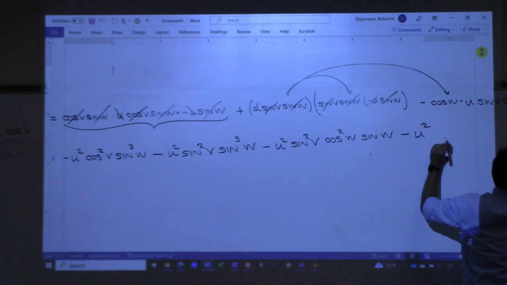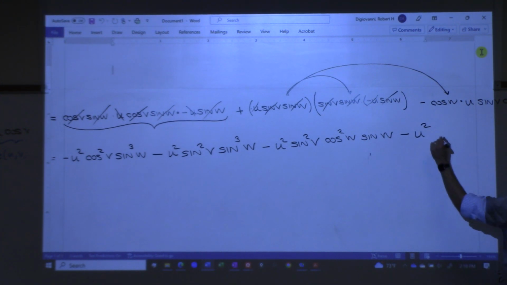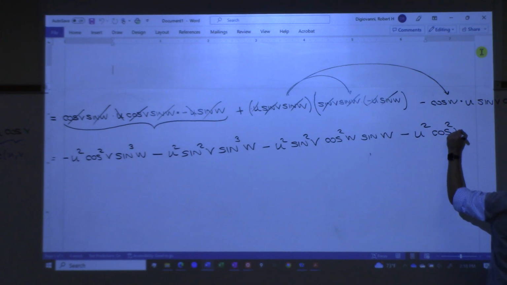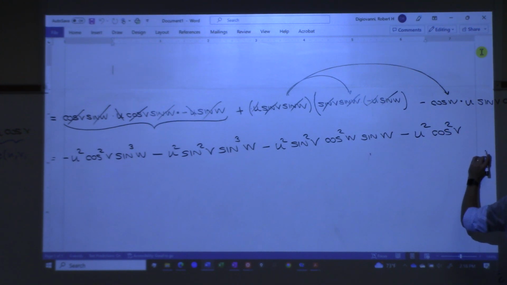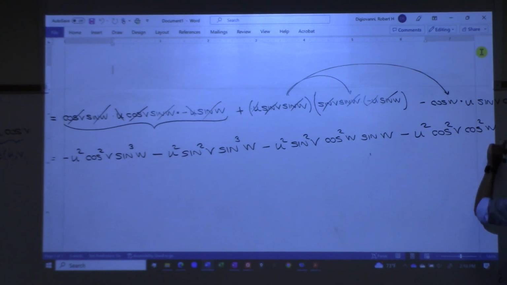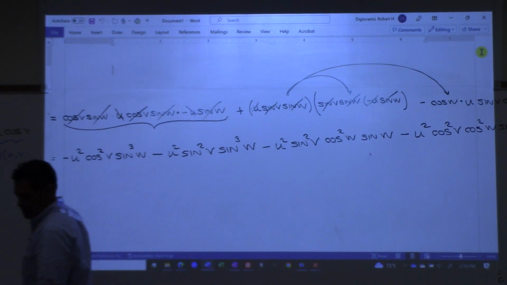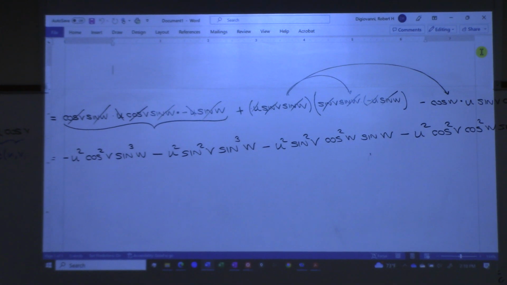It's a u squared. I've got cosine v squared. And then cosine w squared. And a sine w. Yeah? Do y'all see it yet? See what's going to happen?